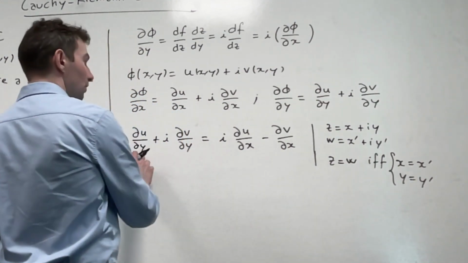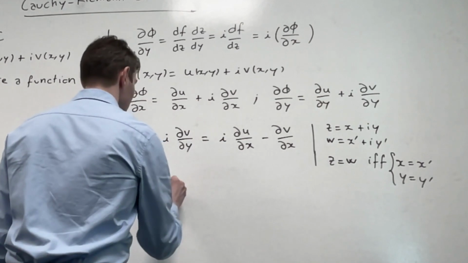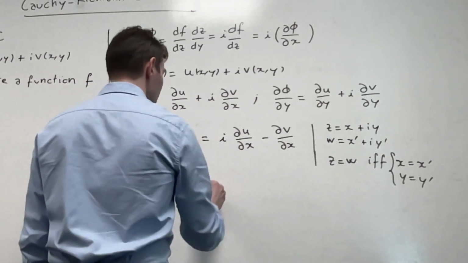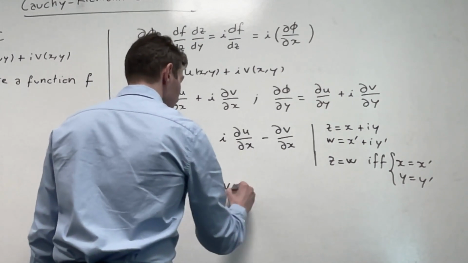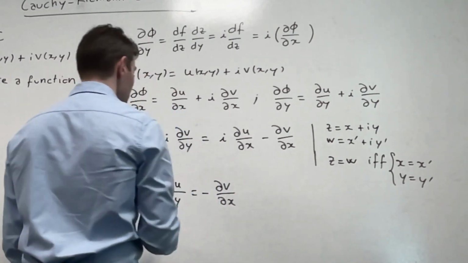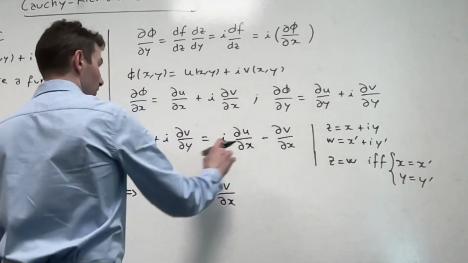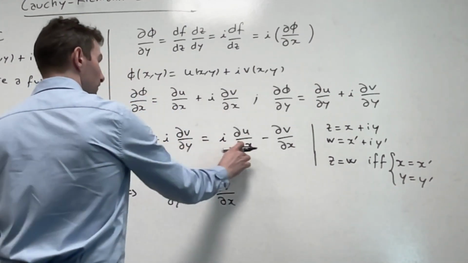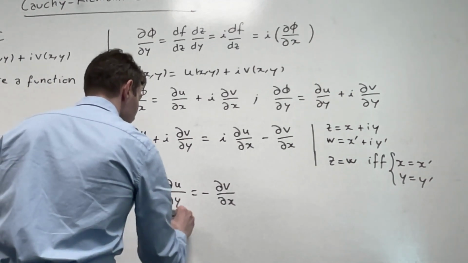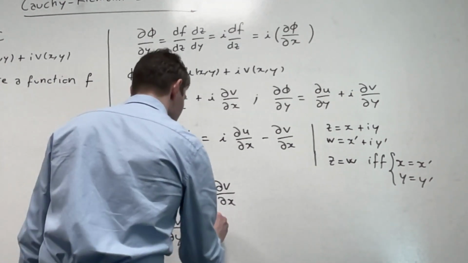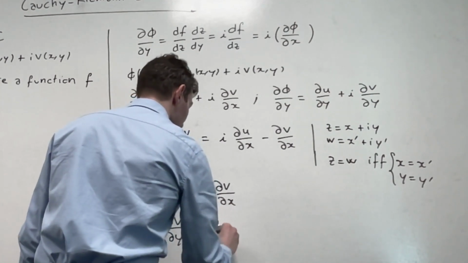So du dy has to be equal to minus dv dx, and that's the equality of the real part of these equations, and then we've got the equality of the imaginary part, that dv dy is equal to du dx.